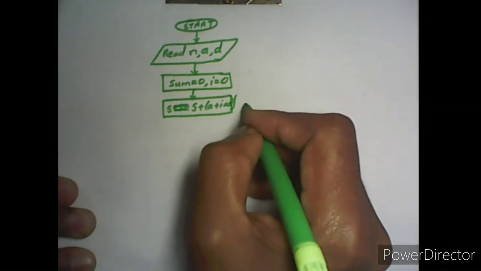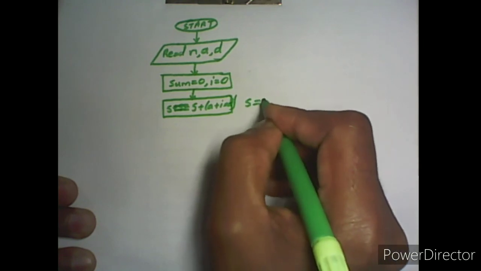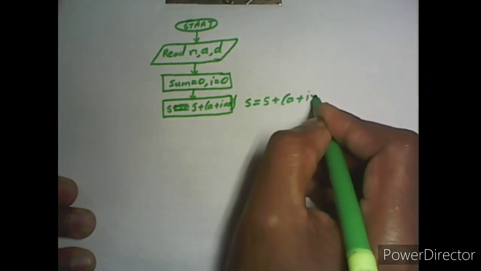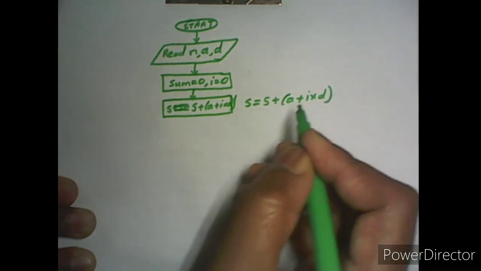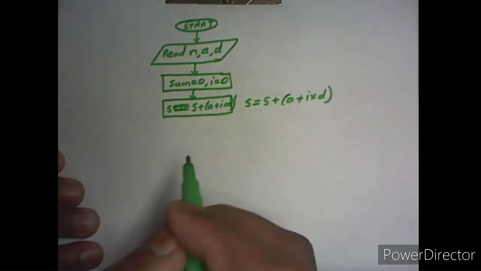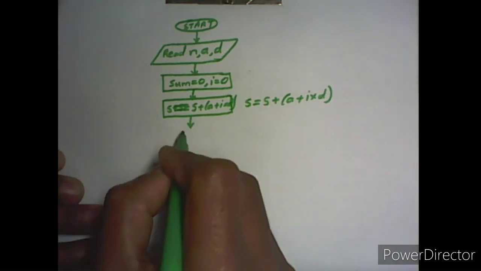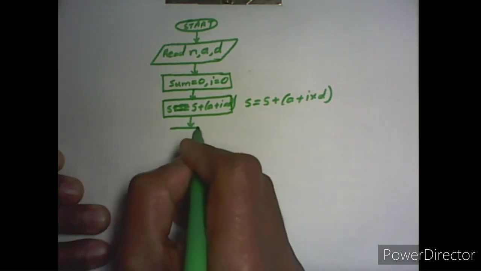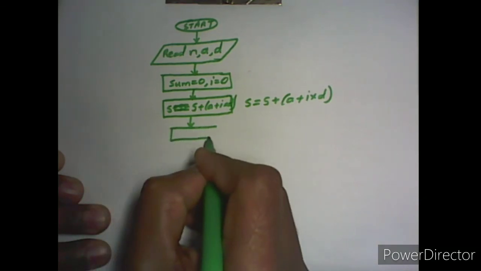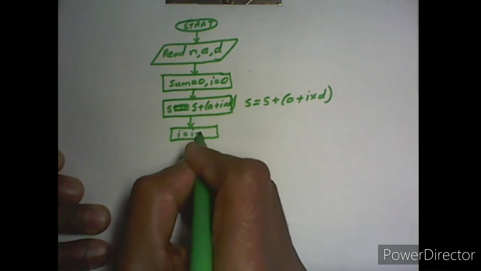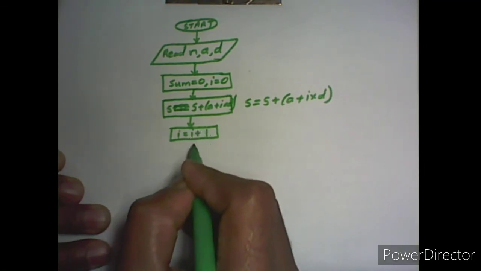Sorry for that, I'll write it here. s is equal to s plus a plus i into d. Then, after it does that, increment the value of i. i will be equal to i plus 1.